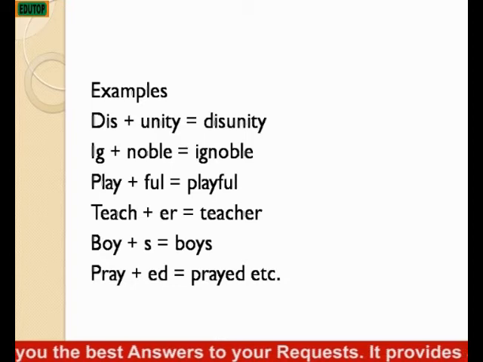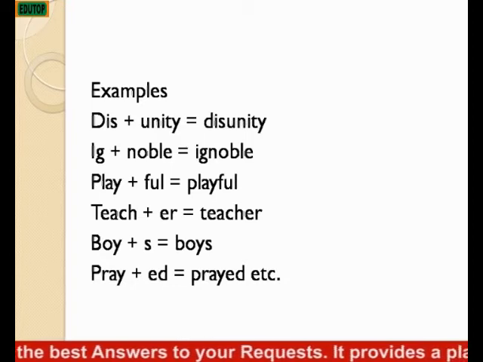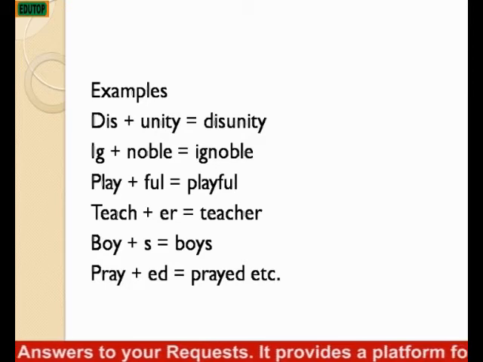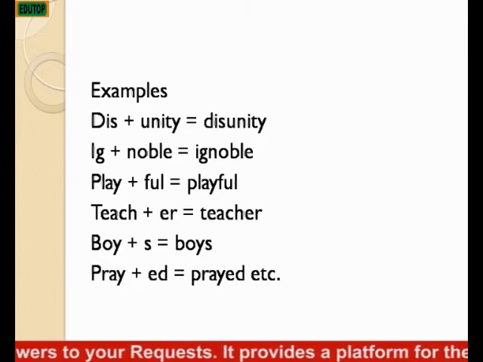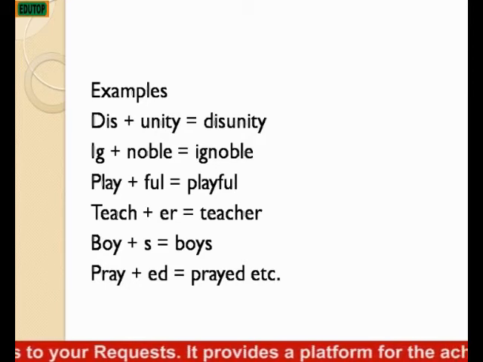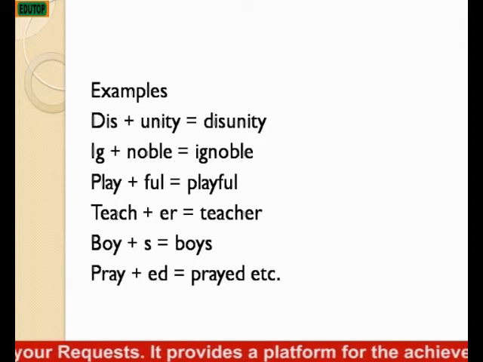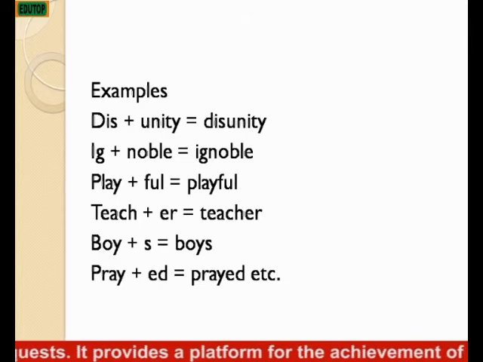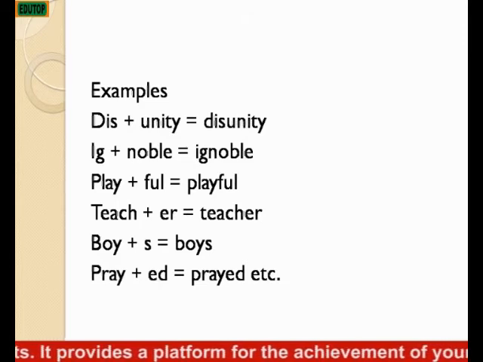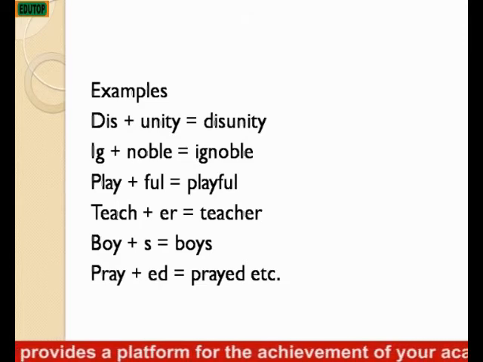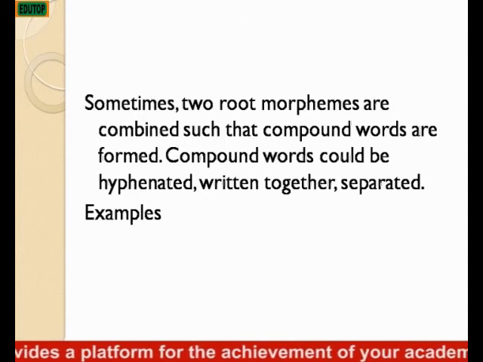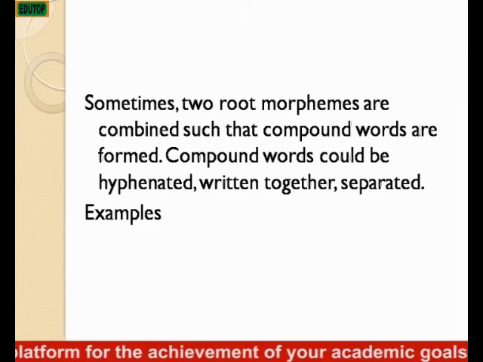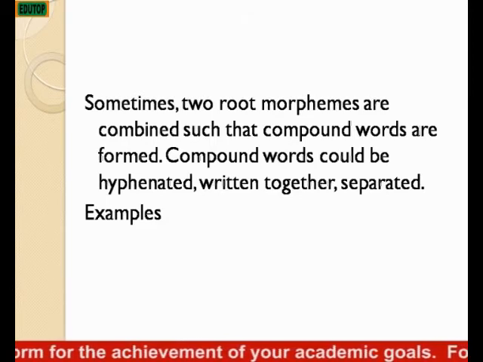So you discover that if you remove the root morphemes from the examples we have, I mean the bound morphemes, would be meaningless, and they cannot make their meanings without adding the root morphemes.